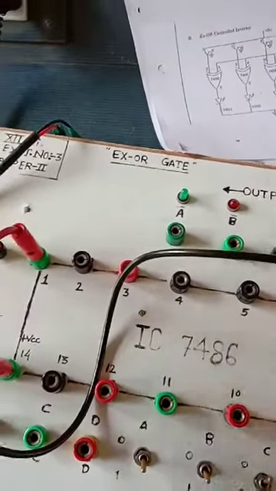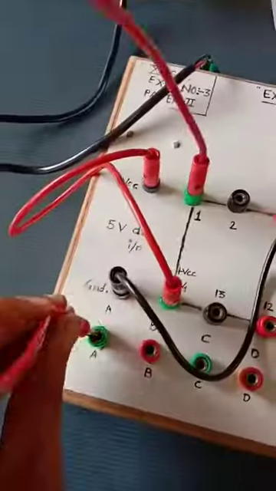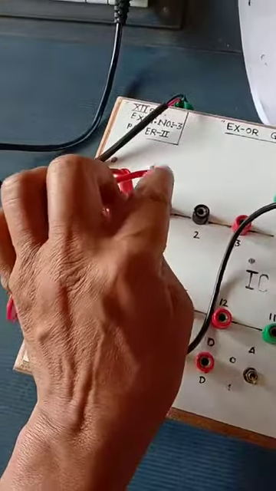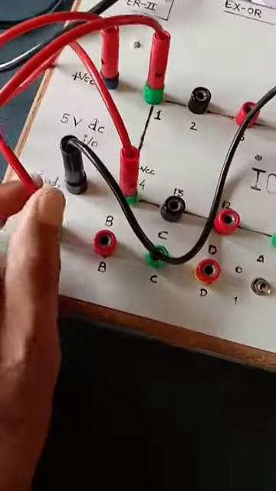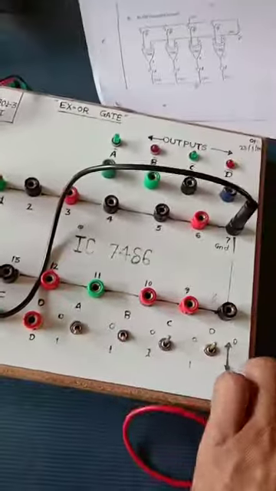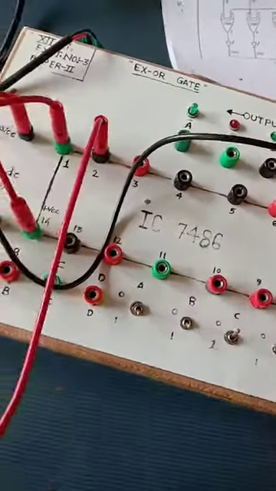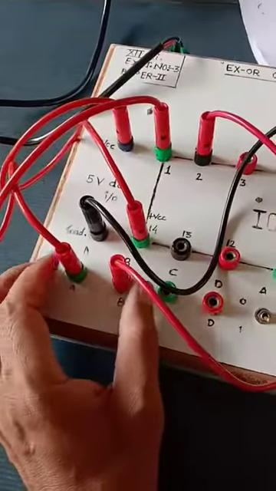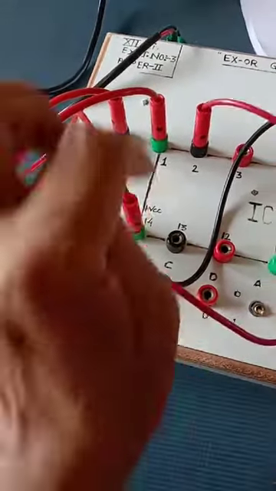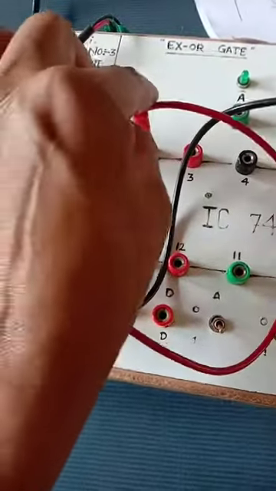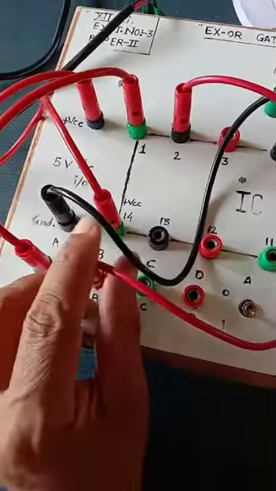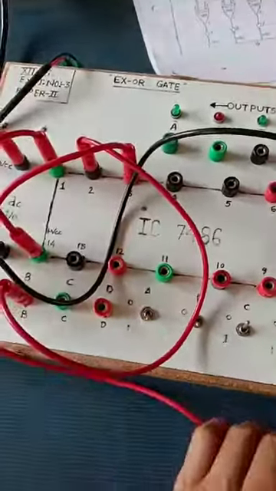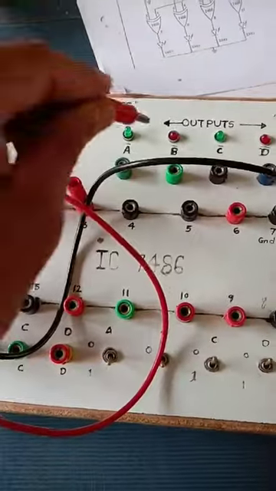Then in the first XOR gate, pin number 1 and 2 are inputs. Pin number 1 is connected here to input A. These are 4 inputs, so we can select any 2. Connect pin number 2 to input B. Pin number 3 is the output.